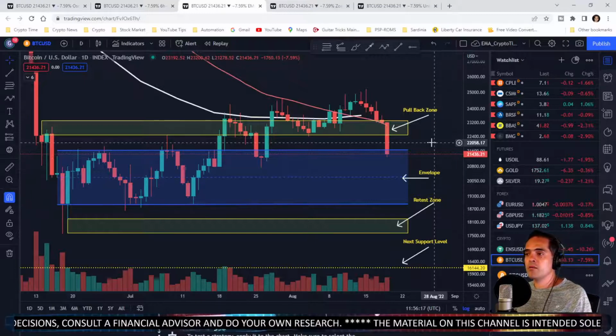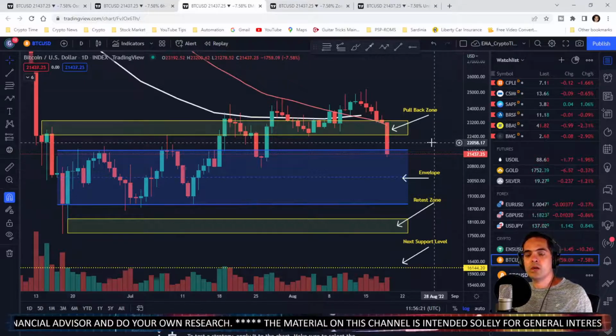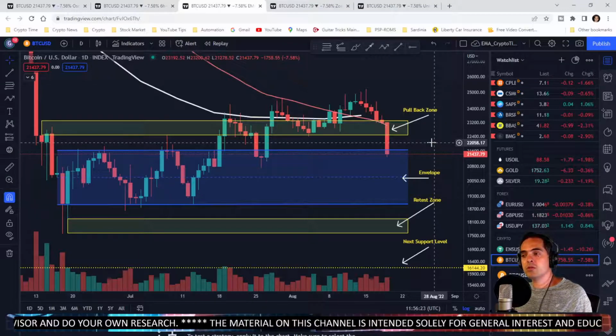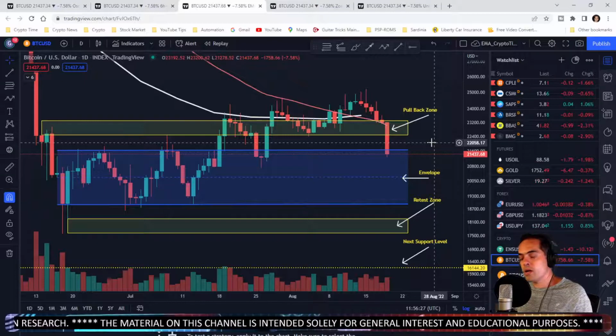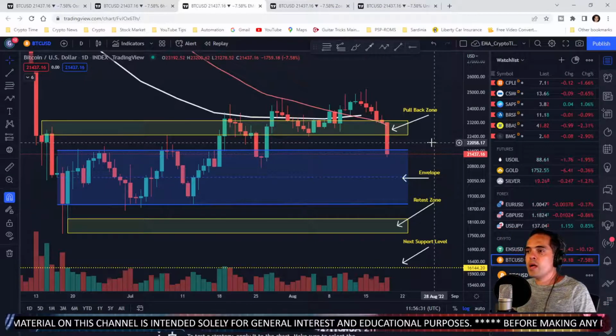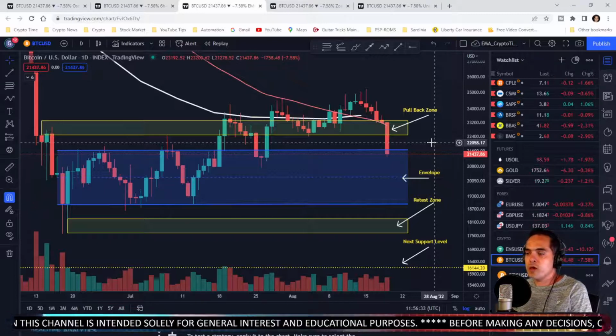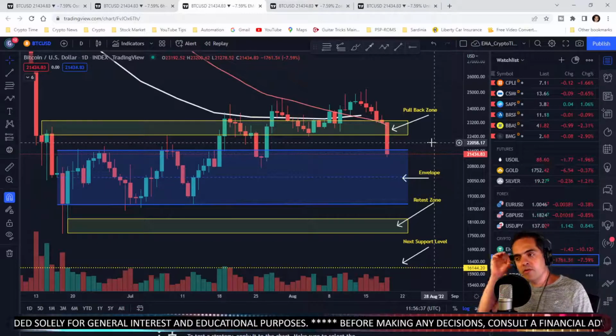But the main important thing is to understand where the most important zones are, and where we would expect to see the price in the near future, in the long term, or whatever.